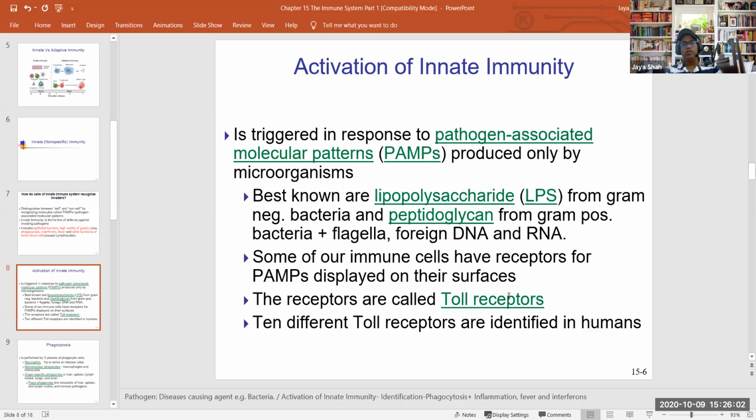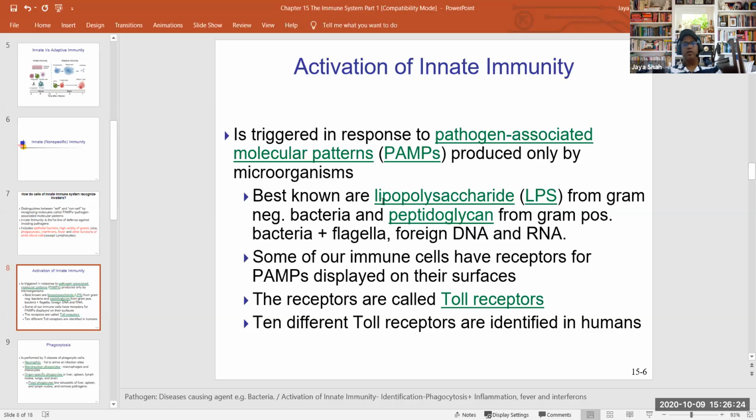So usually the microorganism has PAMPs, pathogen associated molecular patterns. There are two kinds of PAMPs on the microorganism, common PAMPs.